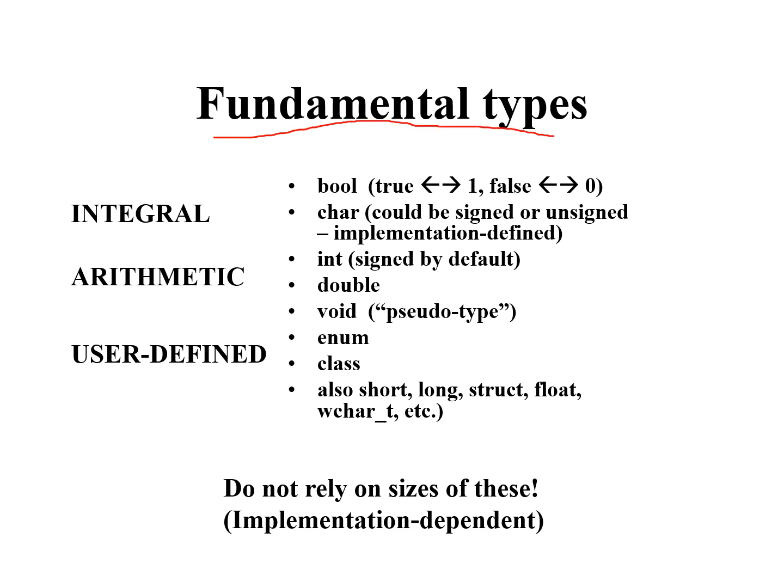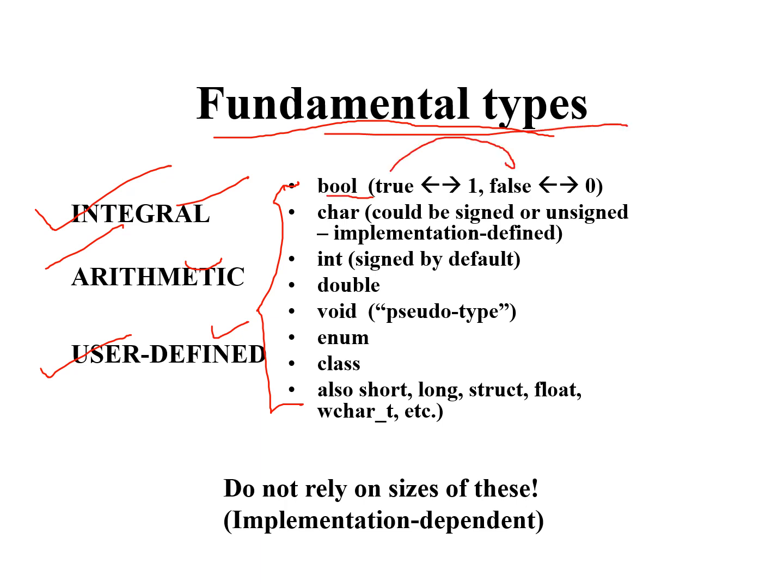Here are some of the types written over here: integral, arithmetic, and user defined. So these are all examples of the integral, arithmetic, and user defined fundamental types. First is bool. Bool is something which you can answer only in the form of true or false, 0 or 1.